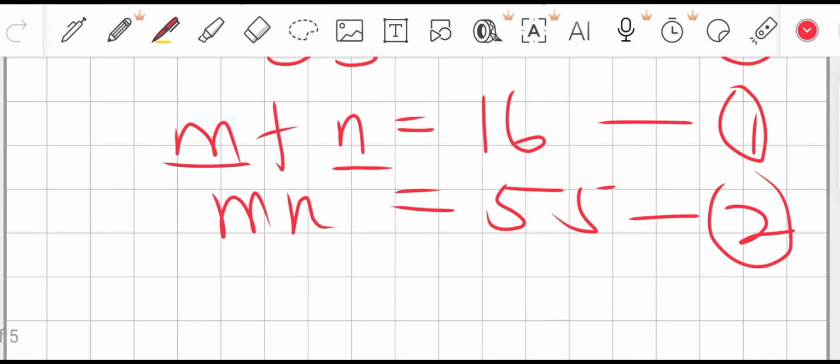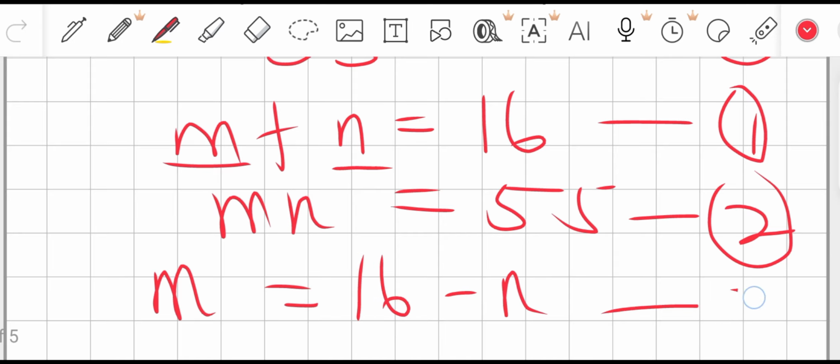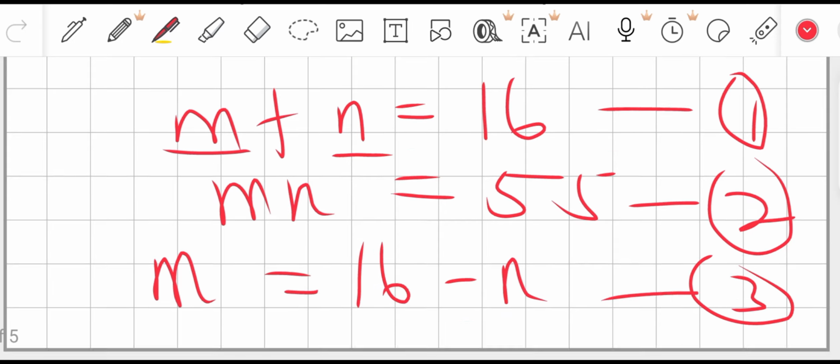So in making m the subject, from the first equation we have m being equal to 16 minus n. So let's label this as our equation 3. In that case, what we do is that we input equation 3 into equation 2.